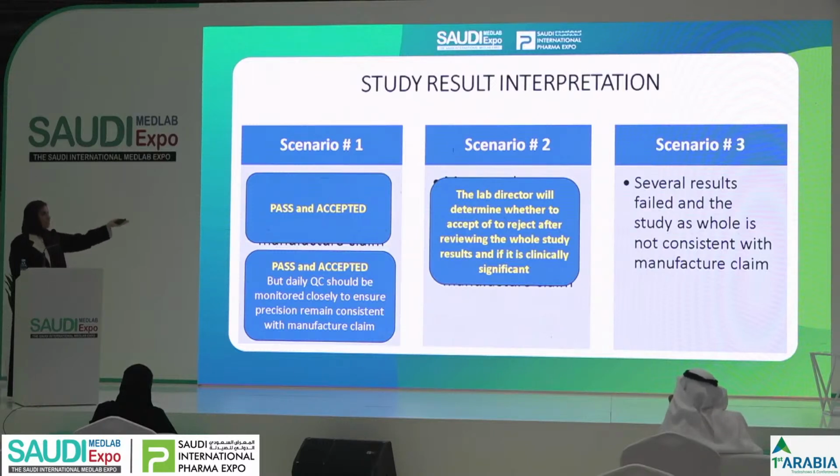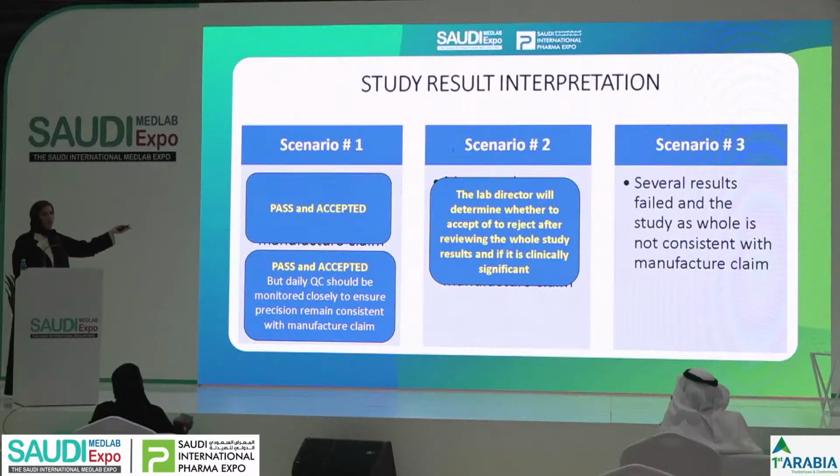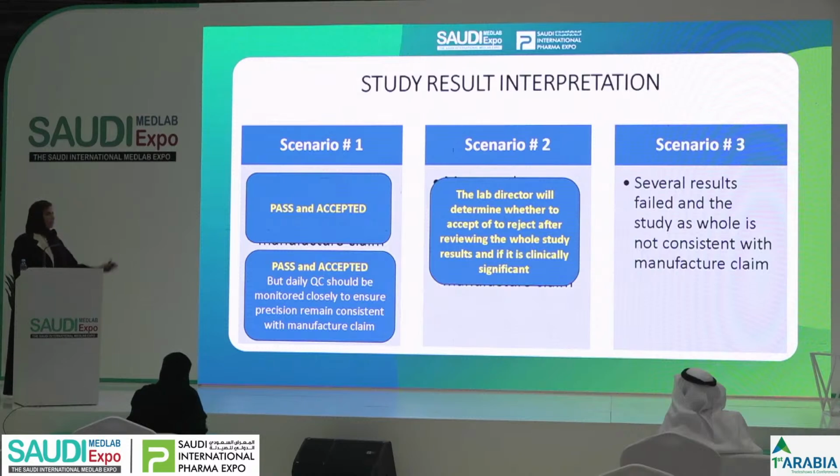If this will significantly harm the patient, he might not accept and ask to repeat the study. If it is far away or very unlikely to significantly harm the patient, then he will most likely accept it. So scenario 2 is up to the lab scientist's decision.